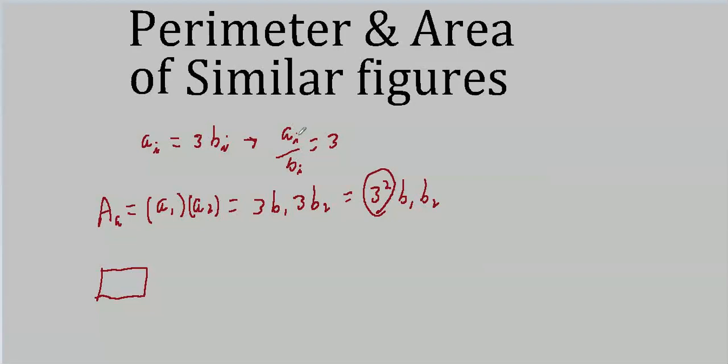If it's A1 over B1, then it's 3. So if you're going from the large one to the small one, the area scale factor would be 1 over 3 squared. As I say, it's very easy and very easy to remember, so we'll work some problems. That'll help you remember it, and this won't really be a very big section, I don't think.